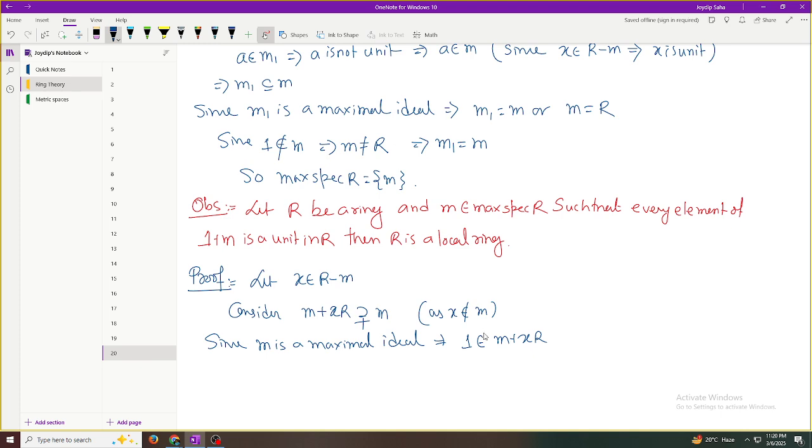So 1 can be written as a plus xb, where a belongs to M, b belongs to R. So xb equals 1 minus a, and that belongs to 1 plus M. This implies xb is a unit.